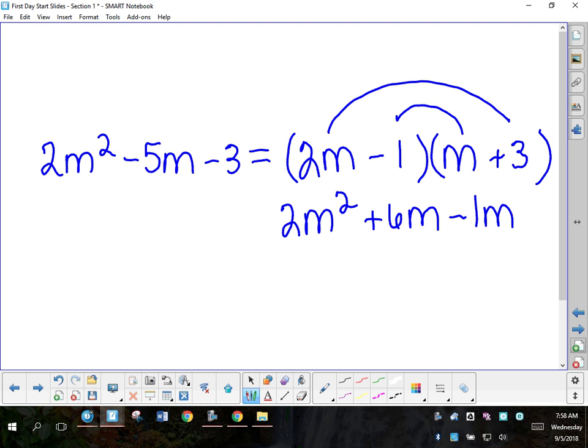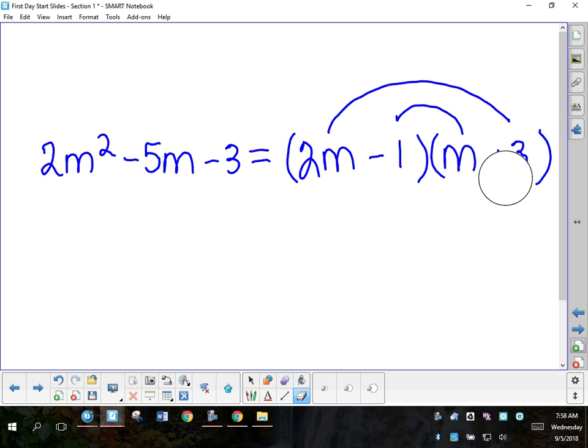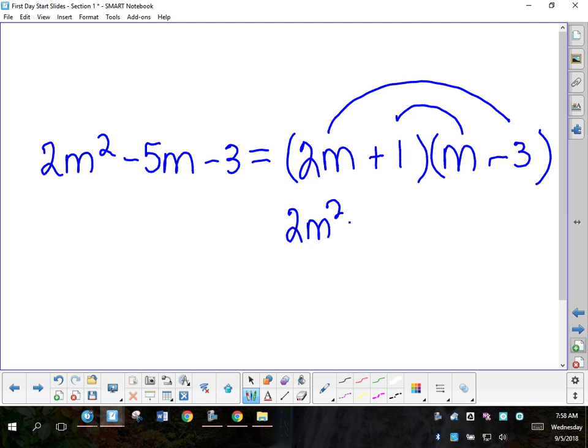So what do we need to change, do you think, to make it be a -5? Let's change the sign. So even though we were wrong, we were really close to getting it right. So this one should be a -3 here and a +1. Now let's try. You've got 2m squared. Now, the outside terms are -6m and +1m. Did that work?